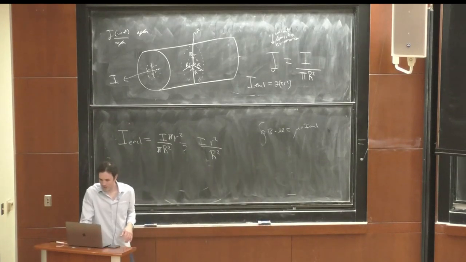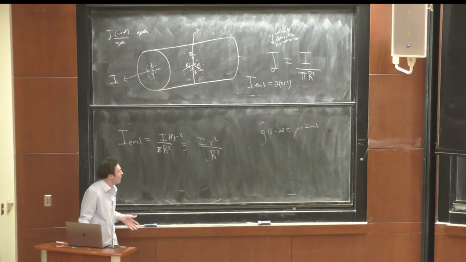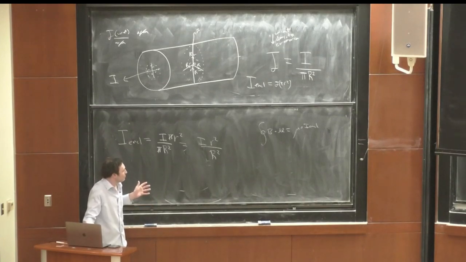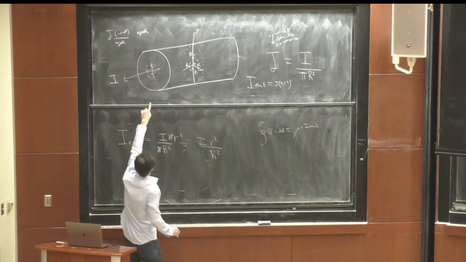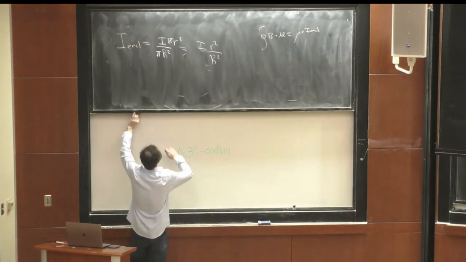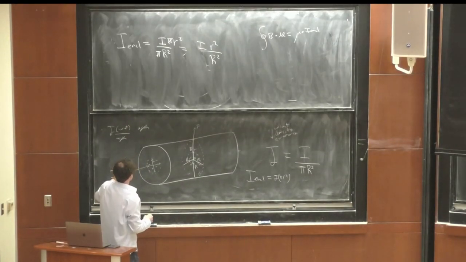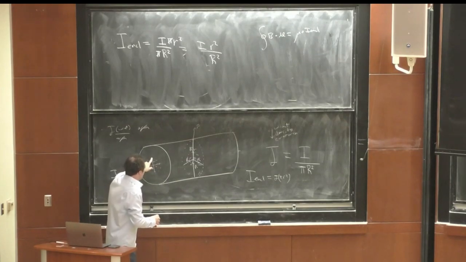So then we've got Ampere's law, and we know what B dot dl equals. This is actually an easy integral, because my integration path is 2 pi r. That's the total amount for any given r, whether I go out to here or out to here.